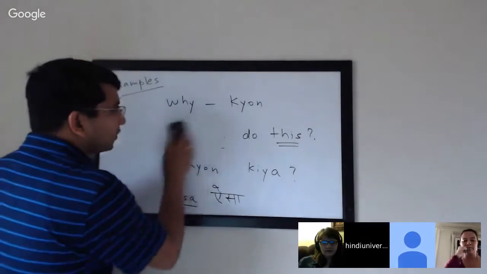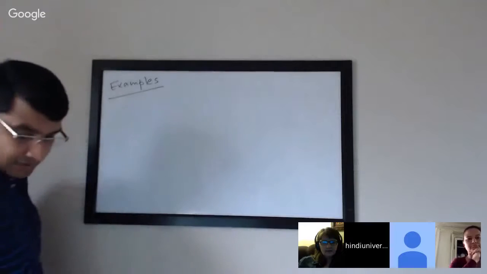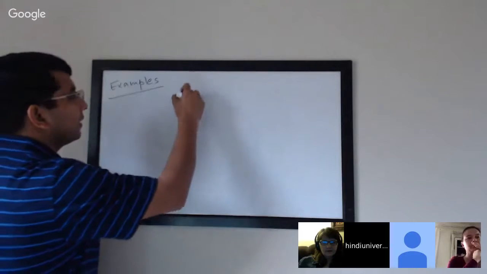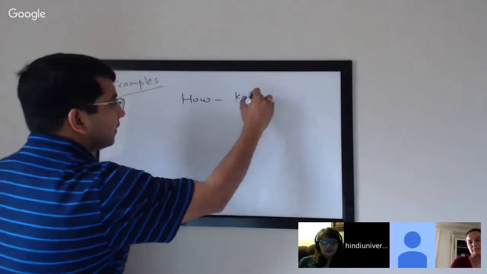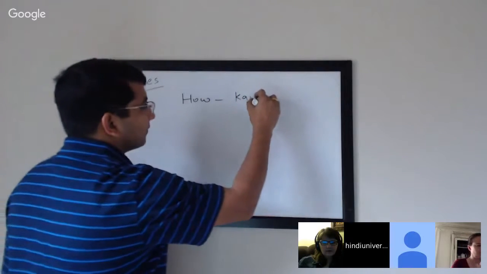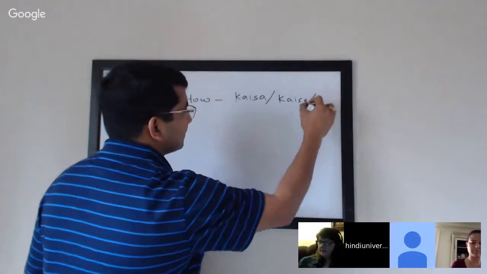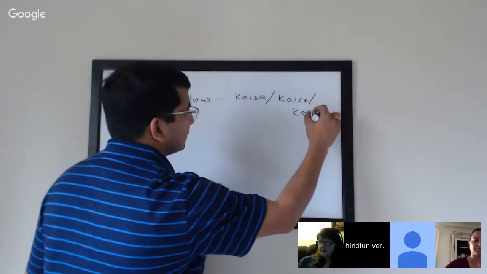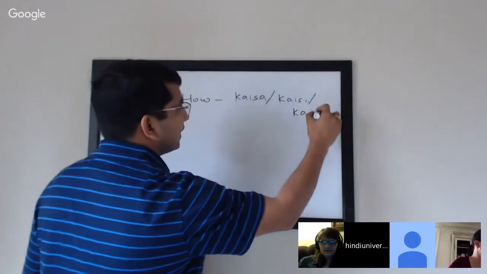So let's go over the next one, which is, let's say, कैसा, कैसी, and कैसे. कैसा, कैसी, okay, and कैसे.